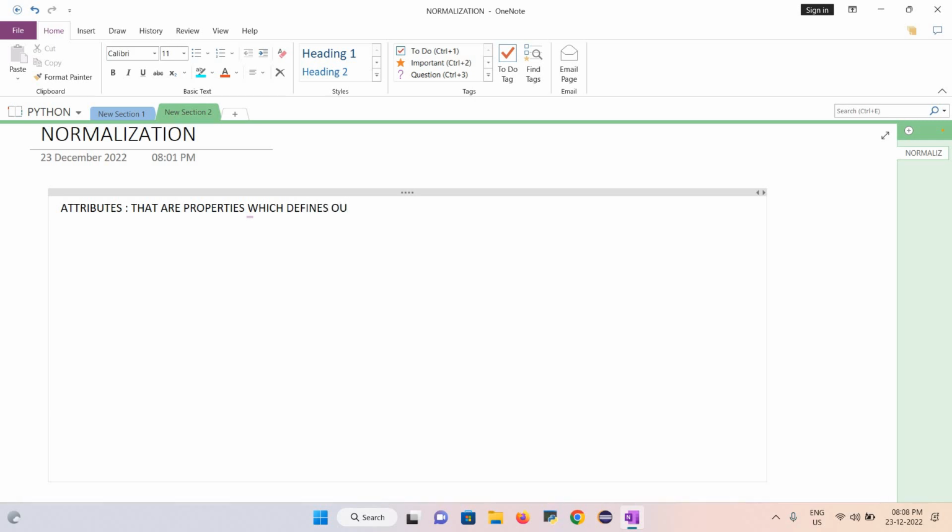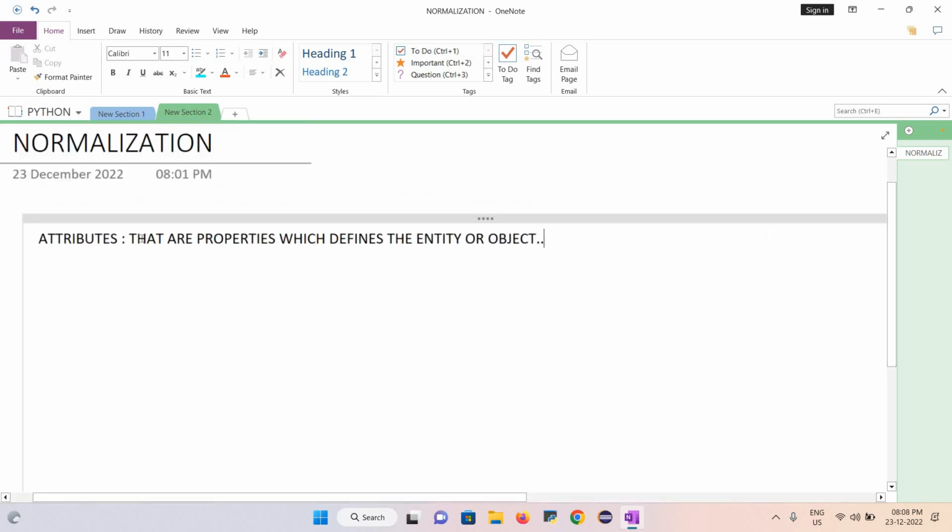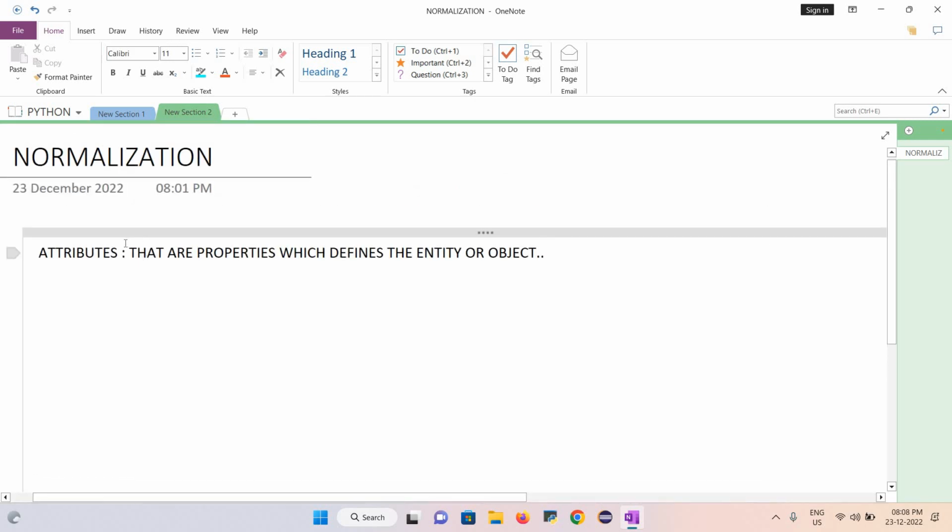So if you select any object, that is your entity, and attributes are nothing but the properties, which clearly define the entity or object.